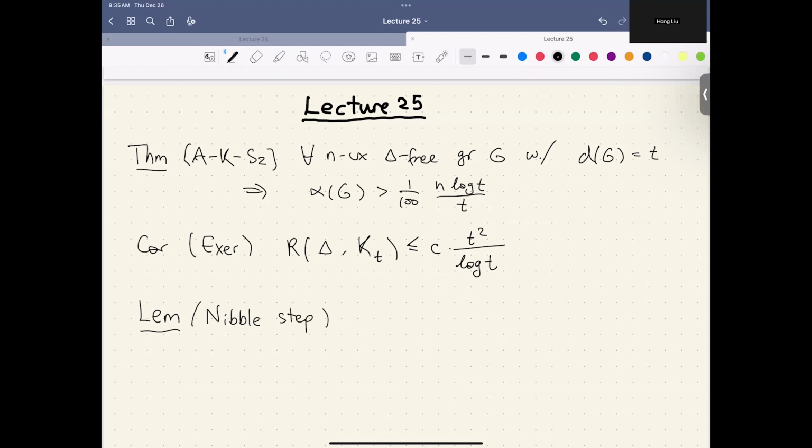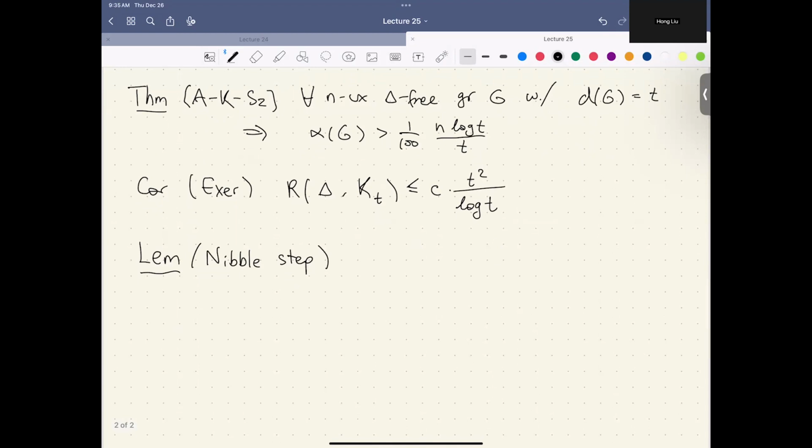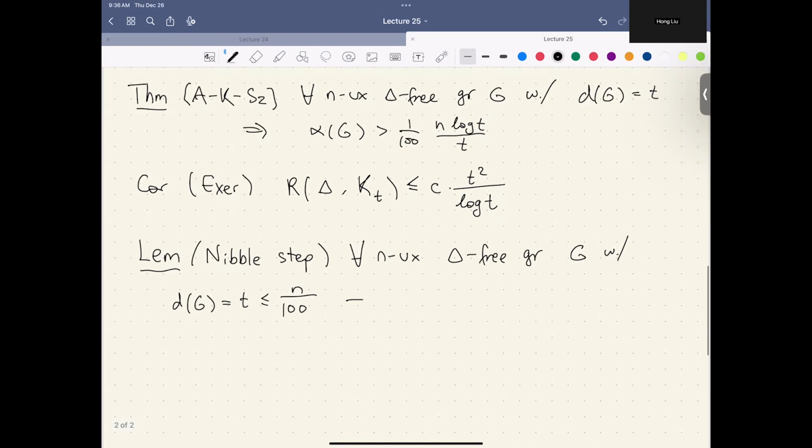In building such large independent sets, it says that for every n-vertex triangle-free graph G with average degree t, which is less than, let's say, n over 100, then we can find, for every such graph, a subgraph K.